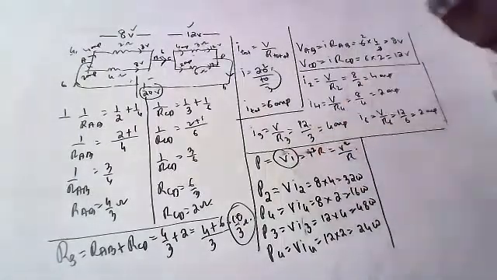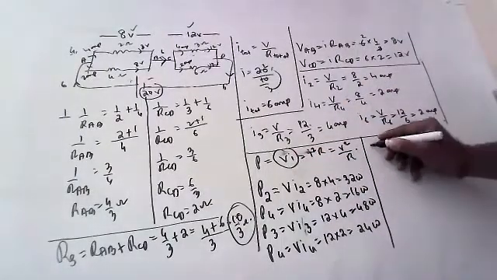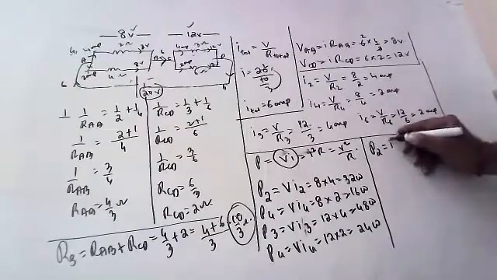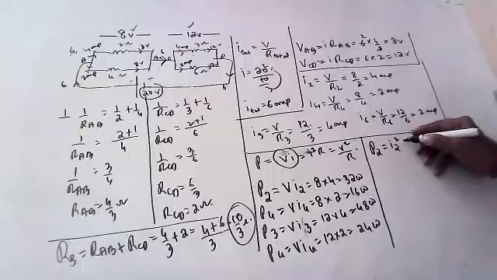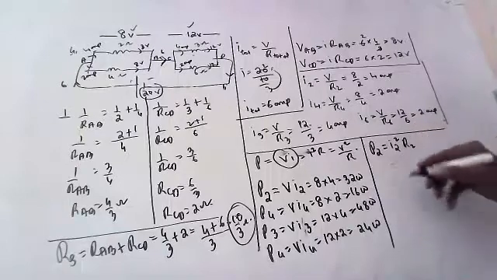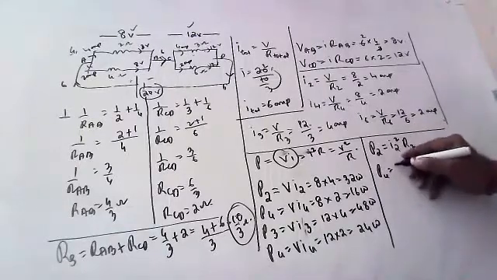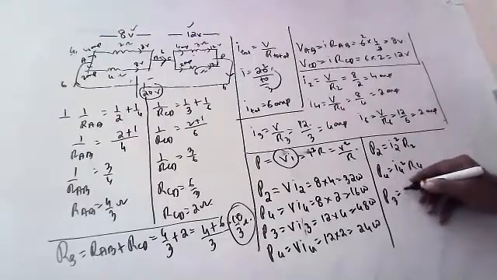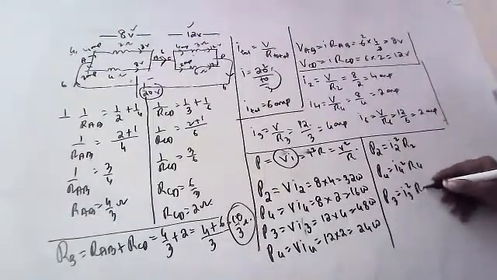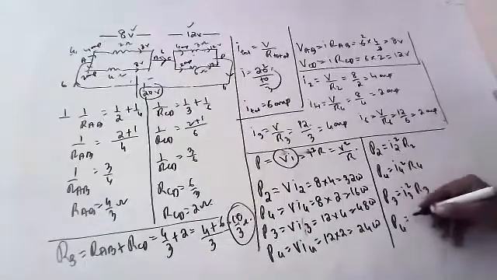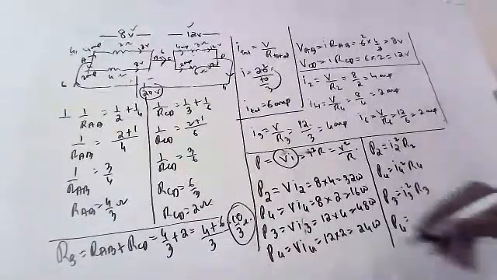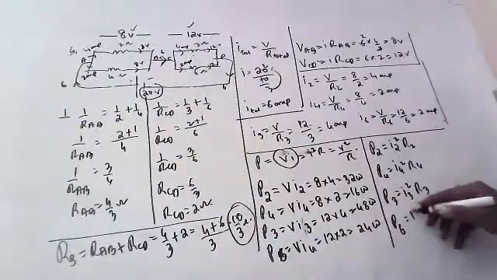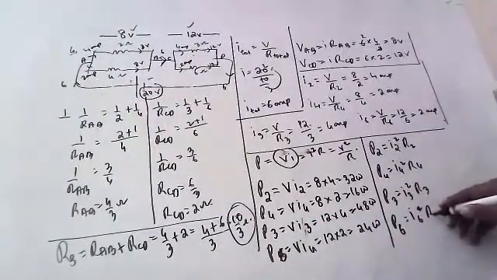Now I am using the second formula, children, for your understanding. P2 is I2 square R2, P4 is I4 square R4, P3 is I3 square R3, and P6 is I6 square R6.